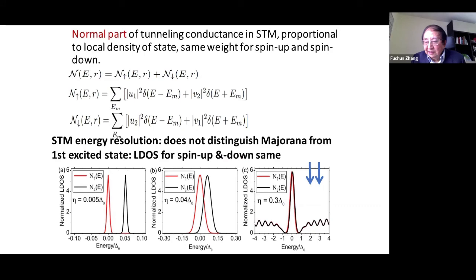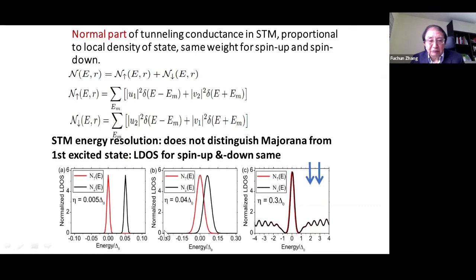But in that material, the energy difference between the first excited state and the Majorana zero mode is very tiny, much smaller than the energy resolution of the STM. So in the ideal case, you would have the left side panel showing the difference.